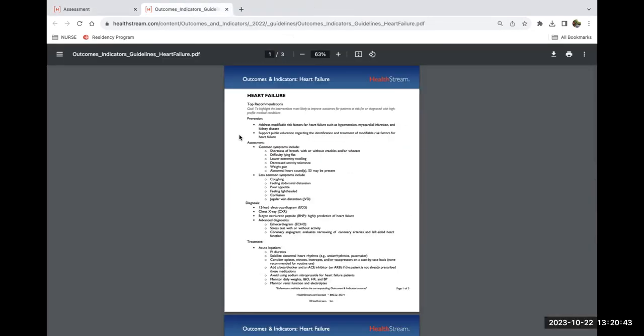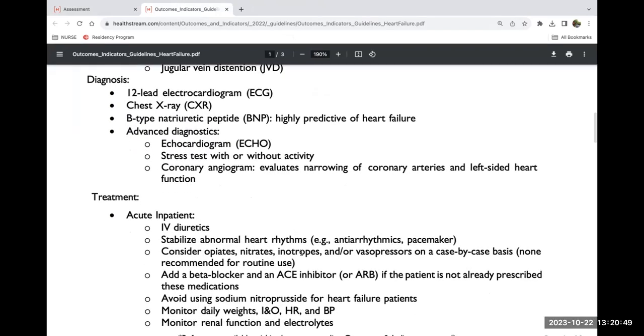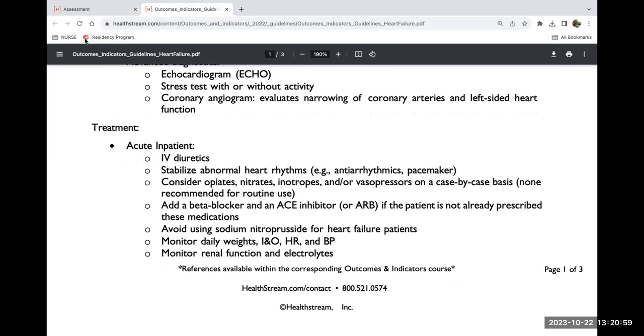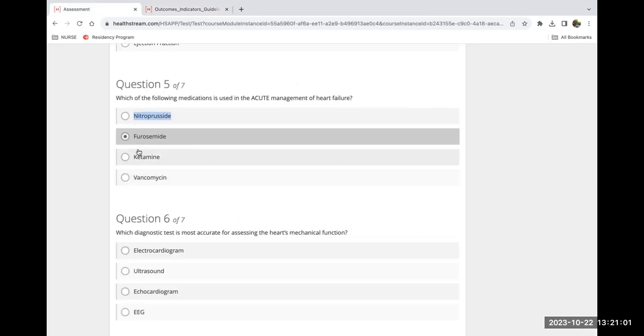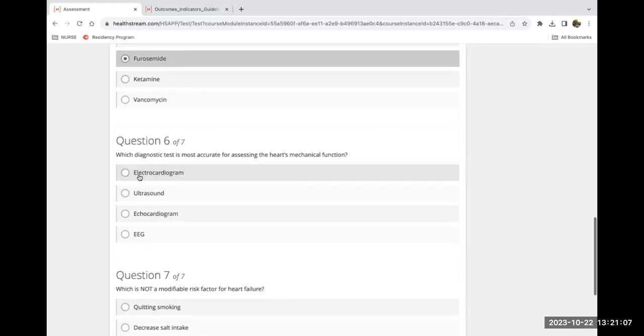Consider inotropes. Add a beta blocker. Diuretics, acute inpatient diuretic. Furosemide diuretic. Which diagnostic test is most accurate for assessing the heart's mechanical function?